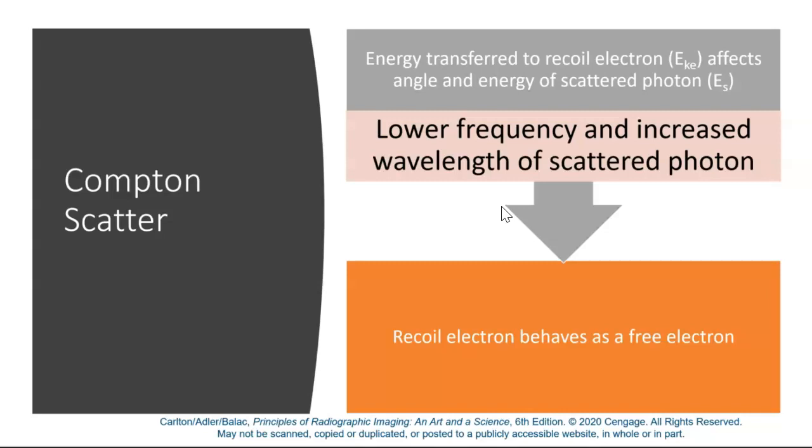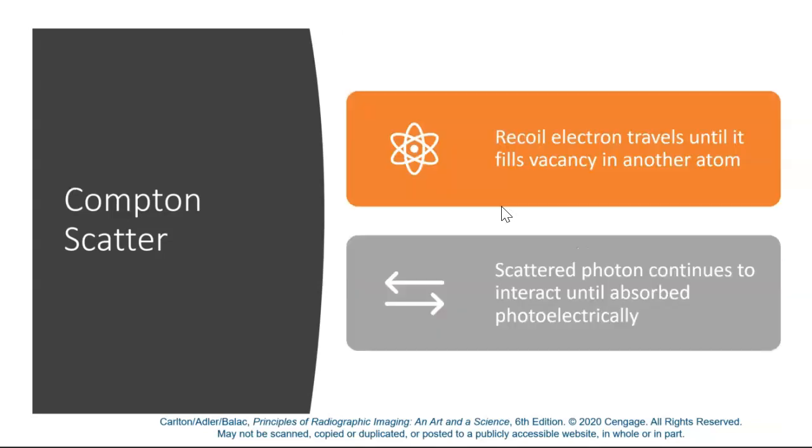So if there's a vacancy in like an M shell from a photoelectric, it may just jump into that shell depending on the energy. So this is millions of them happening at the same time, okay? This isn't just one free electron, Compton electron or recoil electron. There's millions of them, all happening within a millisecond, something like that.